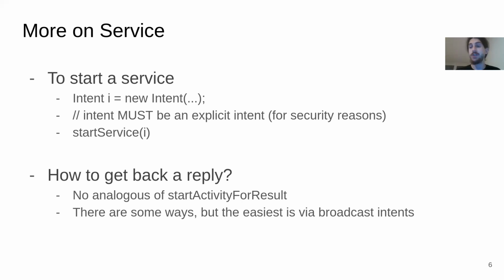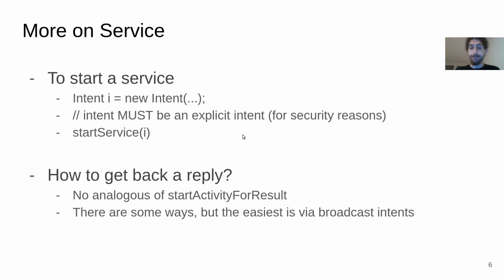Let's say there is action Peppa, where it could be that there are two services that are able to execute action Peppa. The problem is that if you use an implicit intent, the system doesn't know which one to start. And also, maybe the first one is the legitimate one, and then a malicious application could define a service that handles action Peppa, and it would be able to hijack this service, or get access to private data that the caller's intent would contain, and so forth.